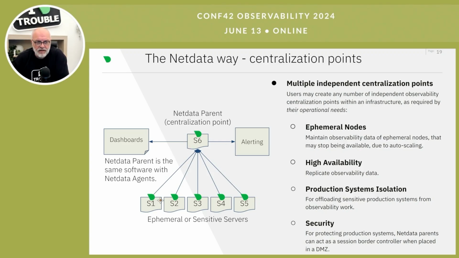We have a replication feature where if the connection, for example, between S1 and S6 gets interrupted, then the next time S1 reconnects to S6, they will negotiate, and it will fill the missing samples from S6, and then, of course, continue.